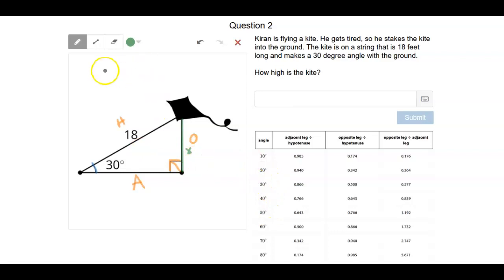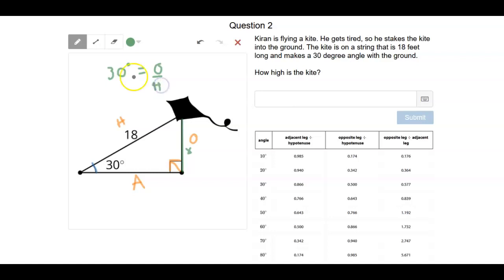And we're going to use this function over here. So we know that when we use 30 degrees in this case, we're going to do the opposite over the hypotenuse, because the one that we're trying to figure out is opposite. So I'm just going to call this one opposite over hypotenuse.